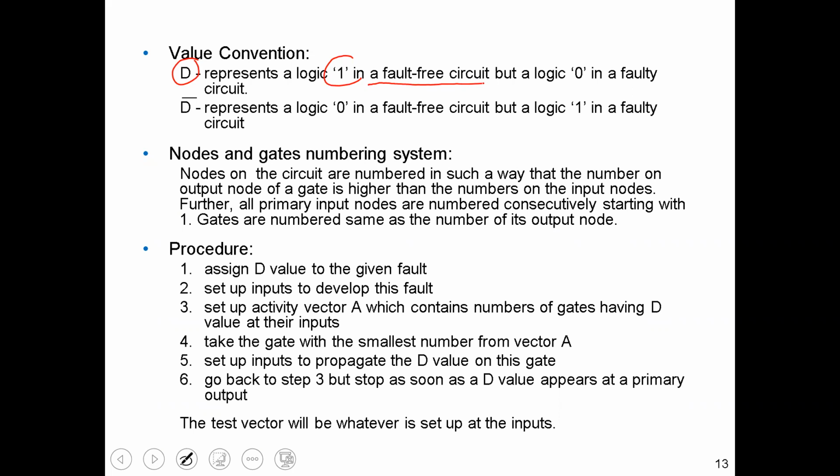So D is like 1 and 0, but for fault-free and faulty circuits, the values are different. D represents logic 1 in a fault-free circuit, 0 in a faulty circuit. And D bar represents logic 0 in a fault-free circuit, but the opposite in a faulty circuit.